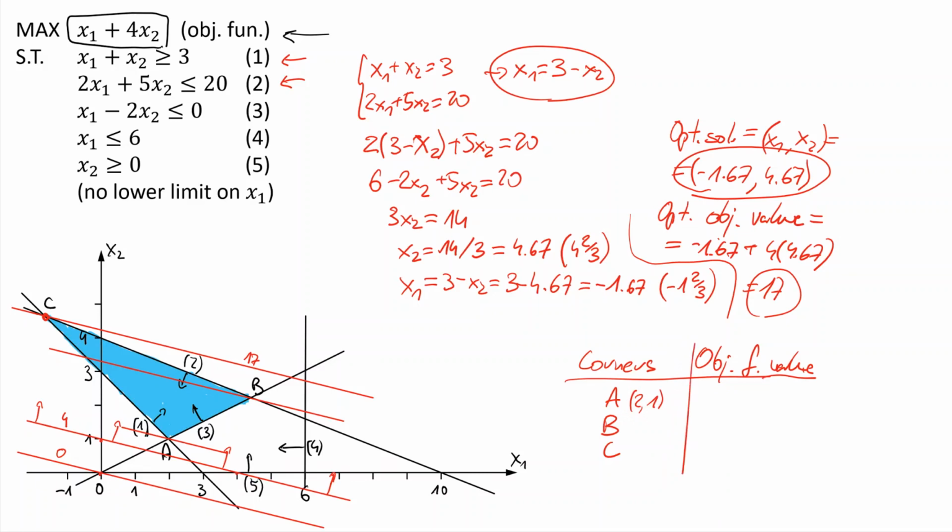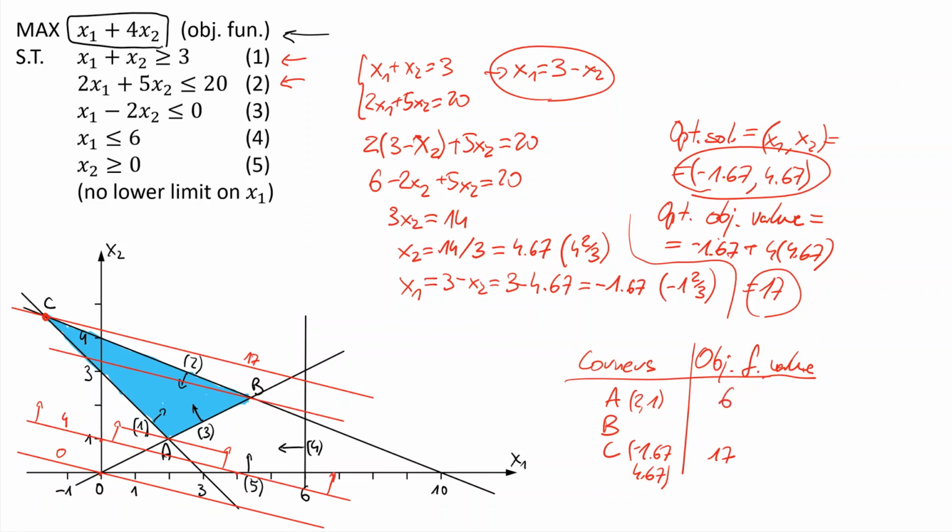C, we have determined it to be minus 1.67 and 4.67, and we found the objective value is 17. For 2, 1, plugging it in, the objective value is 6, much worse.